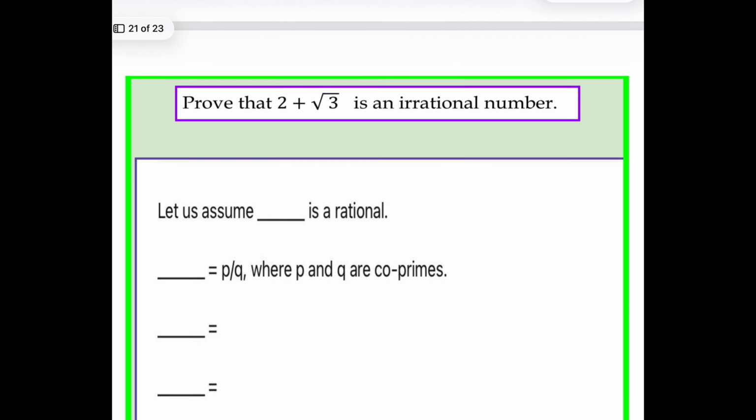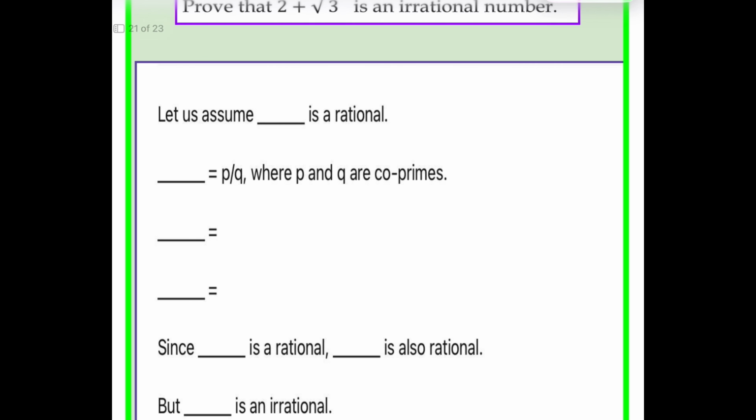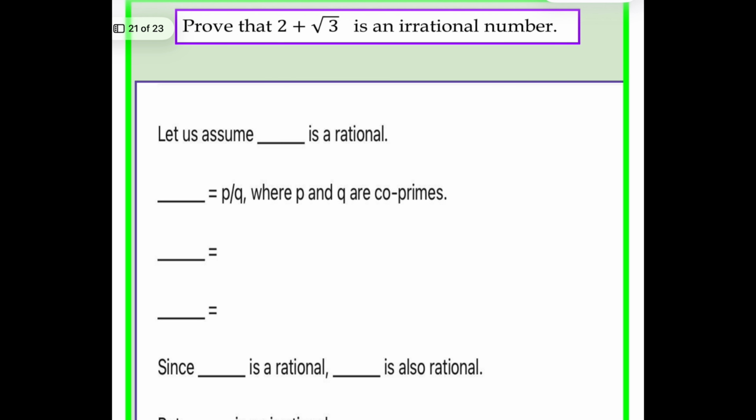Next, prove that 2 plus root 3 is an irrational number. Let us assume 2 plus root 3 is rational. Therefore, 2 plus root 3 equal to p by q, where p and q are co-primes. Root 3 equals p by q plus 2. If you transpose that side, it becomes minus 2.